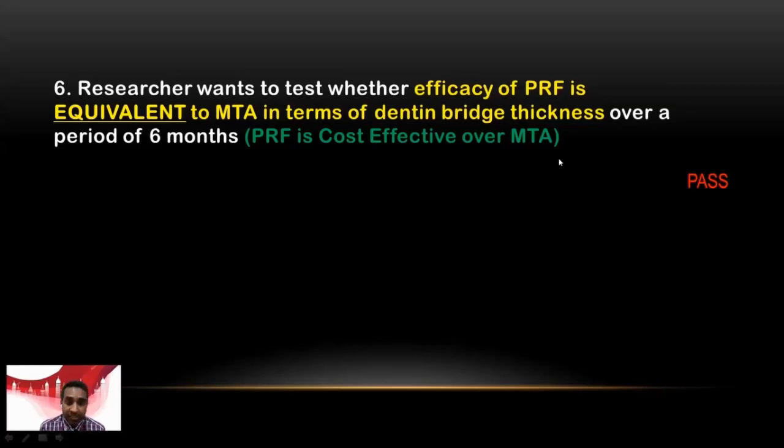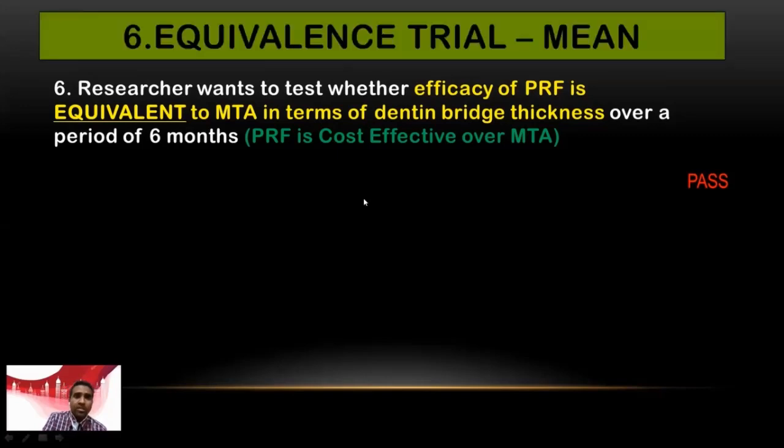Some patients cannot afford MTA. So he wanted to find an alternate material. The alternate material should be equivalent to that of MTA. It should not be inferior. So this is an equivalence trial based upon mean, because dentin bridge thickness is measured in mean.